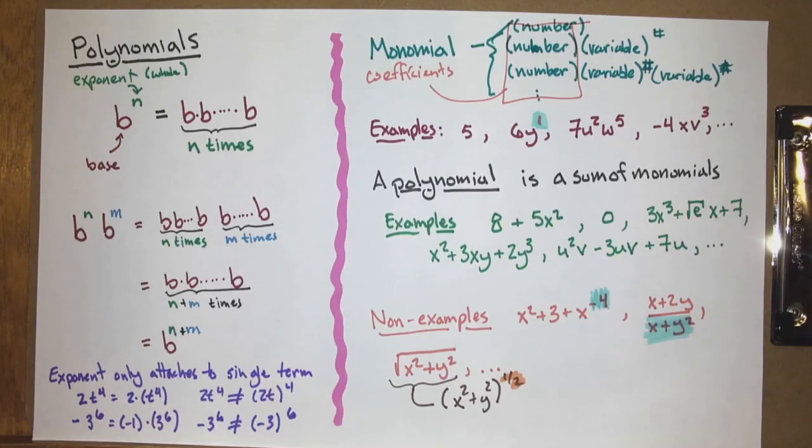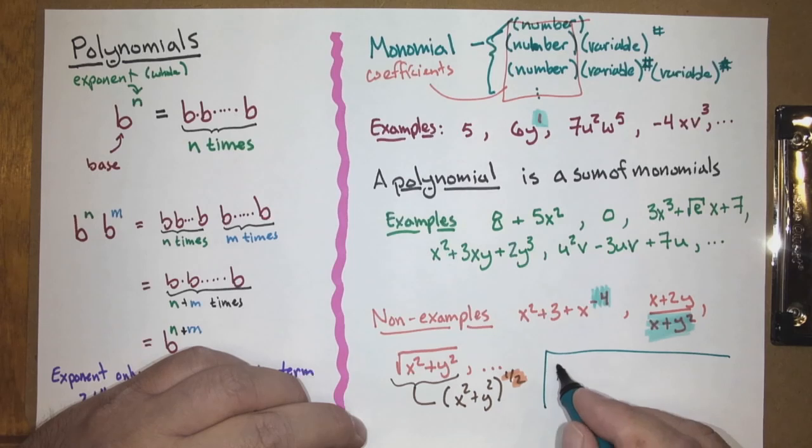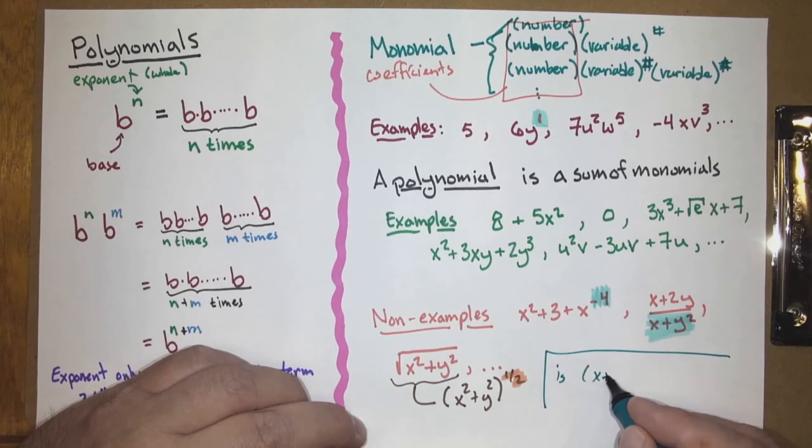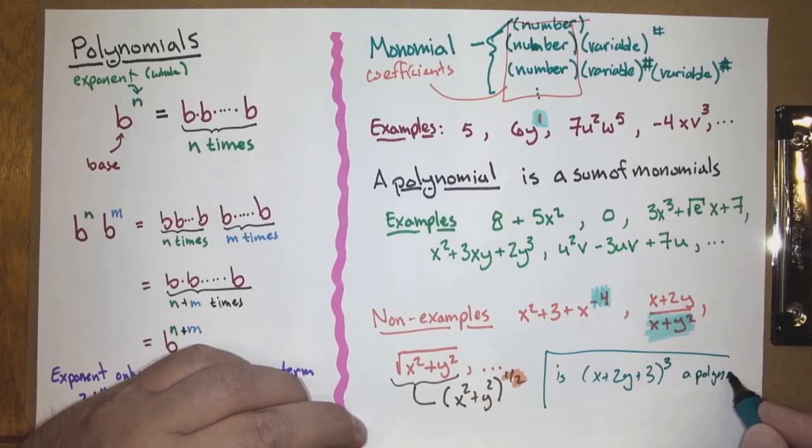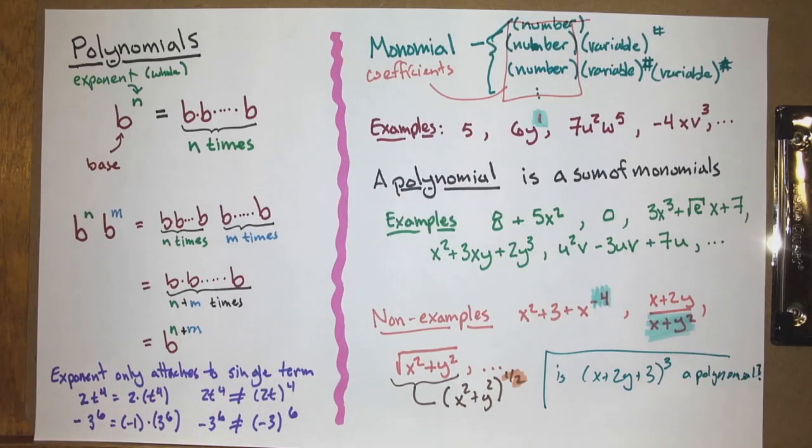Now, quick check. If I have x plus 2y plus 3 cubed, is this a polynomial? Not so clear, but what do you think?